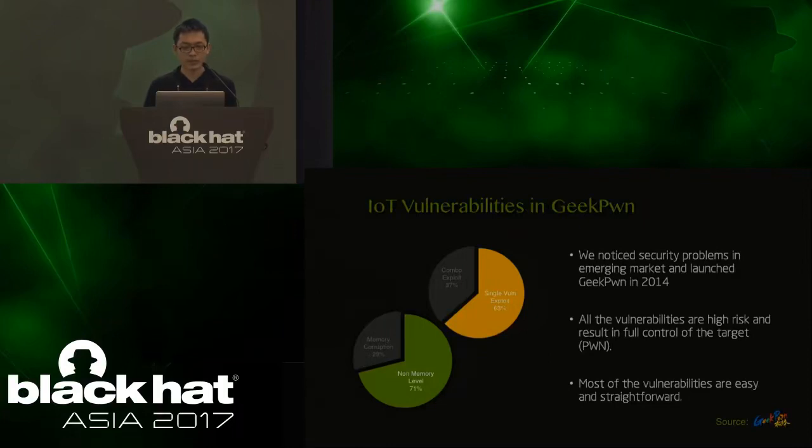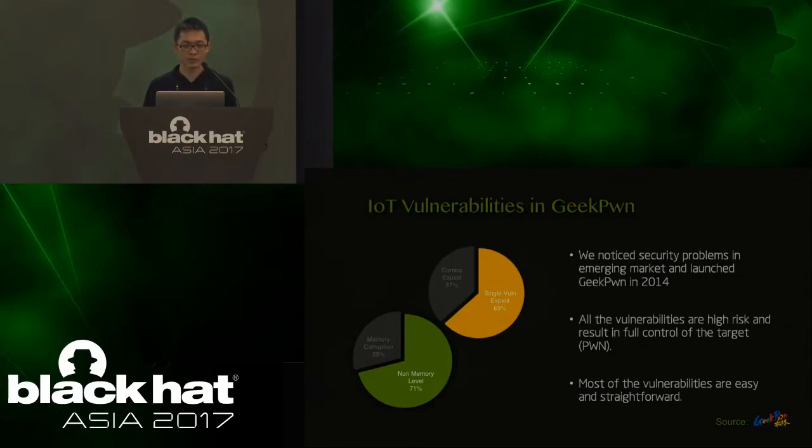In 2014, we noticed the security problems in emerging markets such as IoT, and we launched GeekPwn. Altogether, we have collected 117 vulnerabilities. All of them are high risk and can be exploited to get full control of the target.